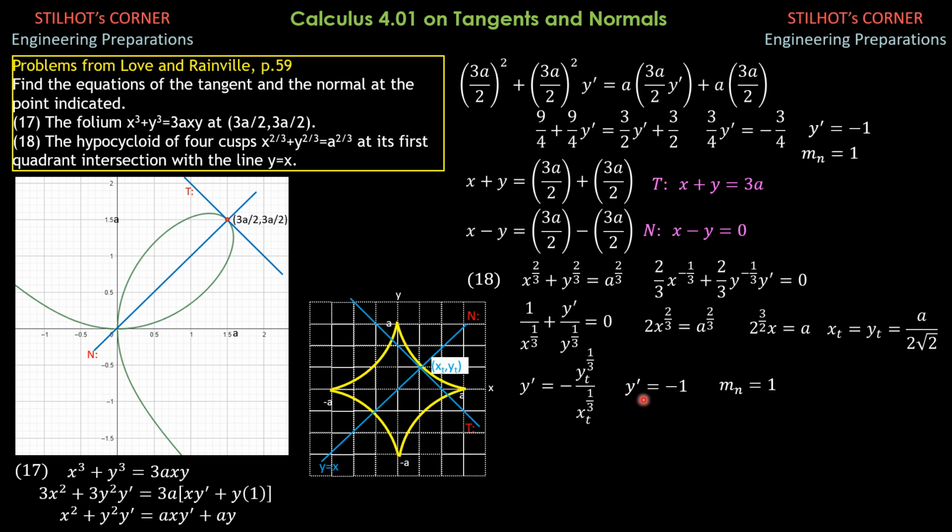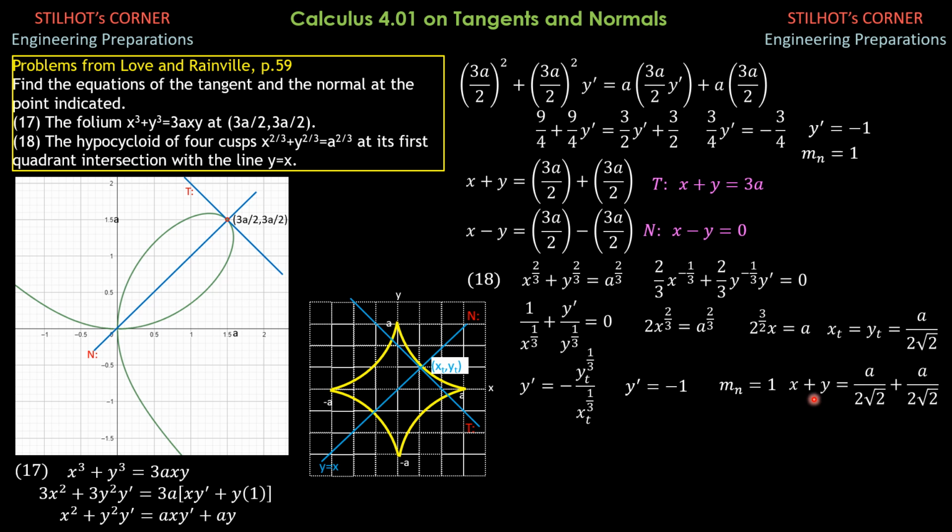So if the slope is negative 1, the tangent will have an equation in the form x plus y equals x sub t plus y sub t. x sub t is a over 2 square root of 2, plus y sub t, a over 2 square root of 2. Combining, that's a over square root of 2.